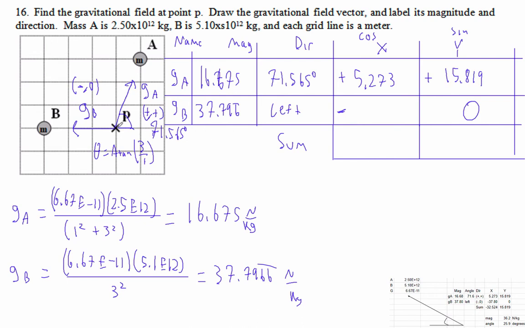So our x component should be positive and our y should be positive. Our y should be bigger than our x, and indeed it is. Okay, and then this guy is just 37.796 bar. And none of it is in the y direction because it's just straight to the left. It's straight toward that.